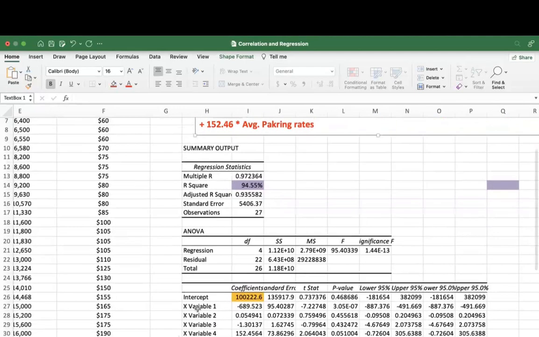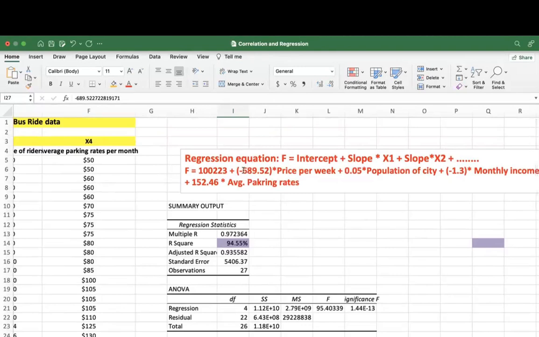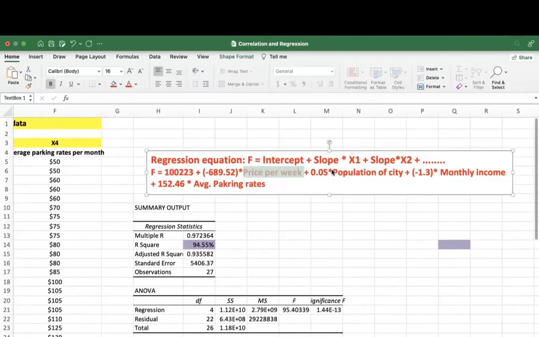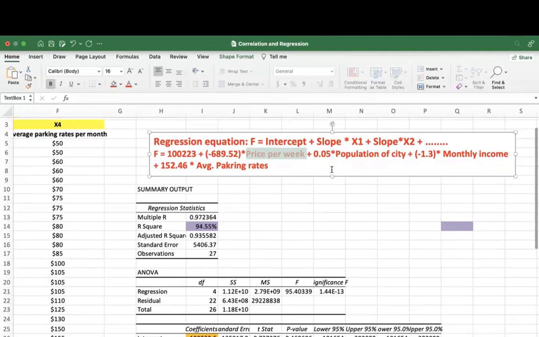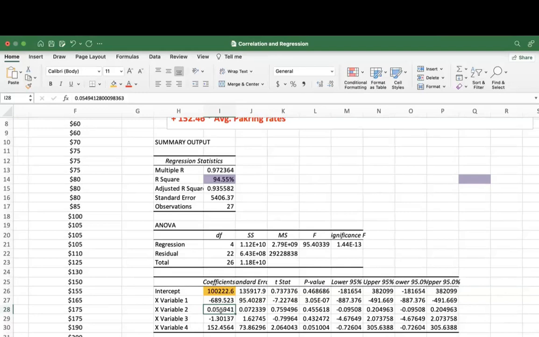The first variable is price per week, and the slope is negative 689.53. So negative 689.52 multiplied by price per week. That's the name of the variable. Then we move to the next variable, and for the next variable, the slope is 0.054.